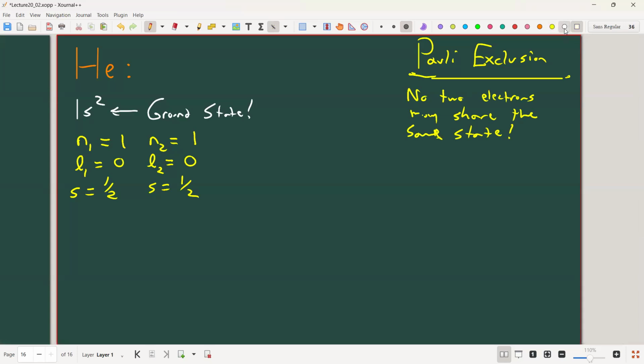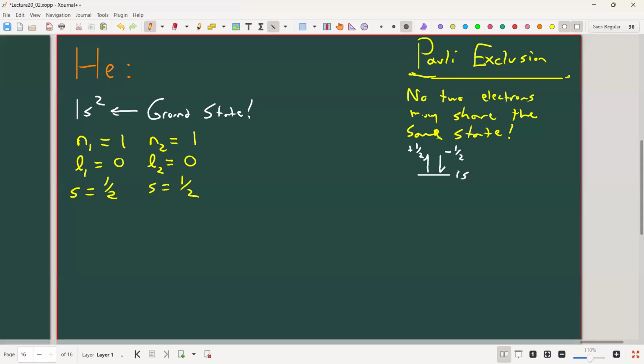And we implicitly know that, because in a 1s orbital, we're going to have a spin up and a spin down electron. One is minus 1/2 and one is plus 1/2 spin. So in our system now, even though the electrons are spin 1/2, their angular momenta have to be pointed in opposite directions. By definition, there's no way to have two electrons otherwise. One has to be up, one has to be down.